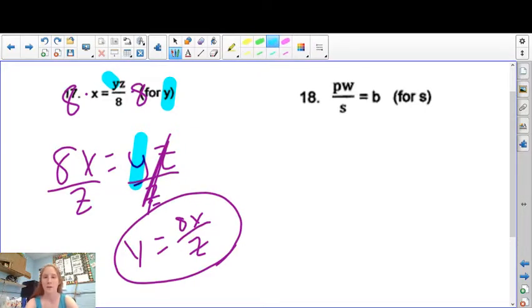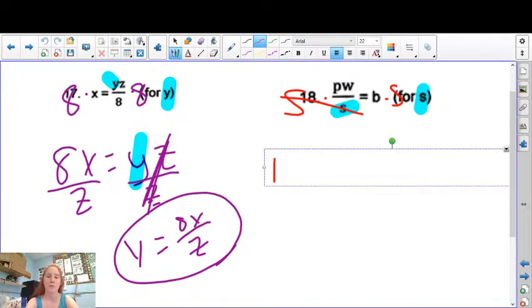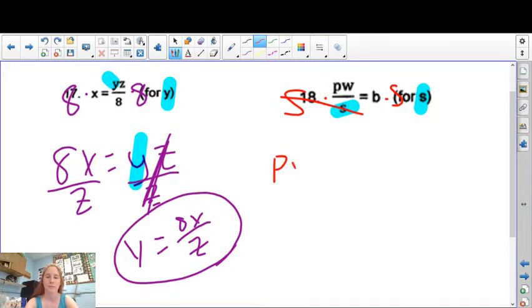Next, on number 18, I'm going to solve for s. And s is here on the bottom. So we need to get rid of that division. And again, to get rid of division, we use multiplication. So I'm left with PW is equal to S times B. Again, I notice that my S is over here.